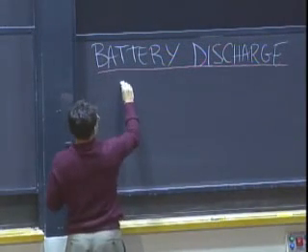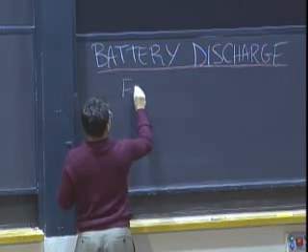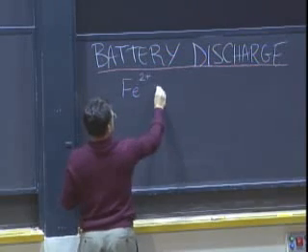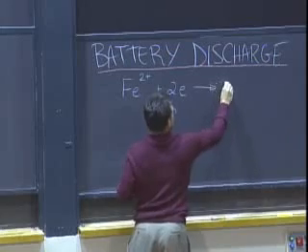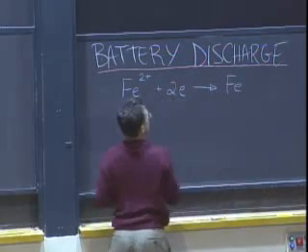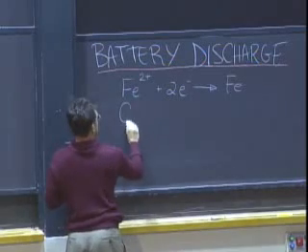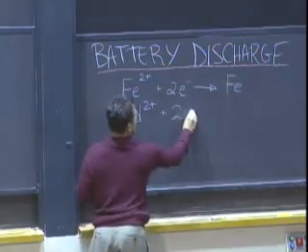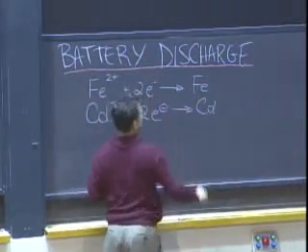It will be one in which the two half reactions are as follows. Fe2+ plus 2 electrons going to Fe metal. And the other is Cd2+ plus 2 electrons going to cadmium metal.